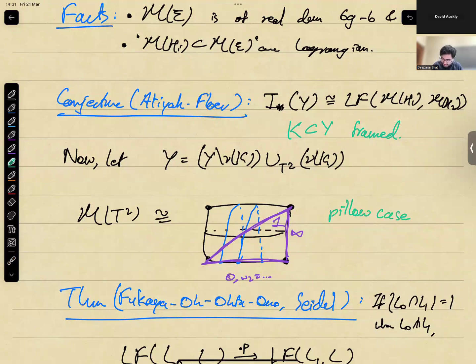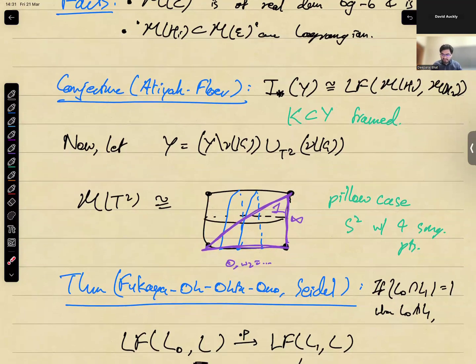So the pillowcase is topologically S2 with four singular points. These four singular points are over here, and this is your S2. And these purple lines that you see here are the Lagrangians, purple and blue.